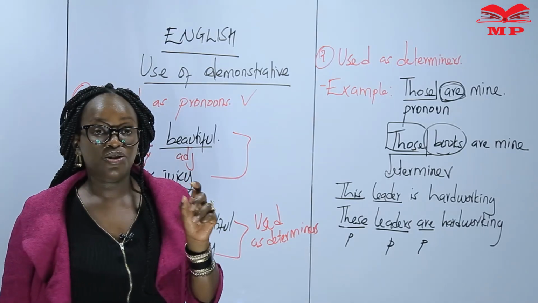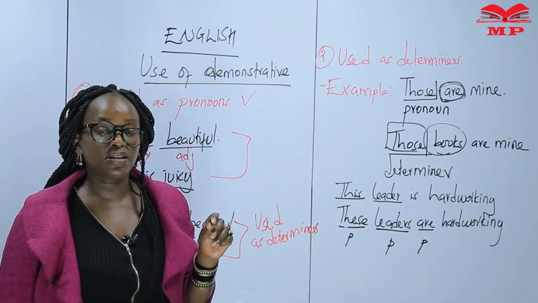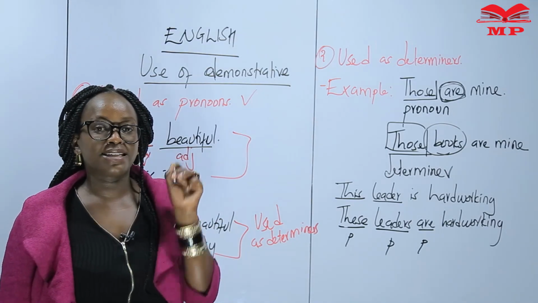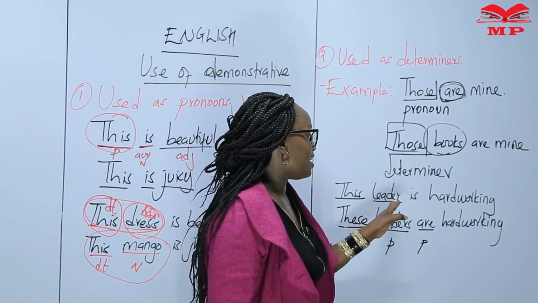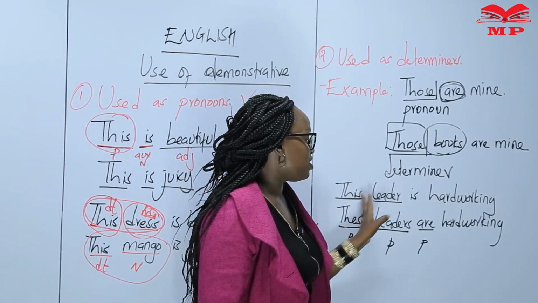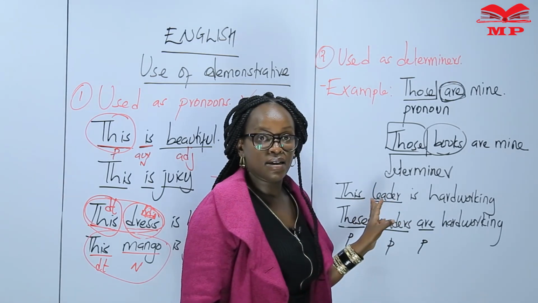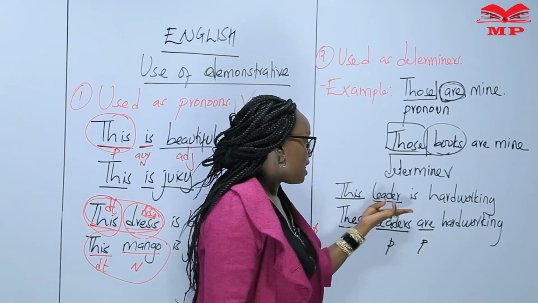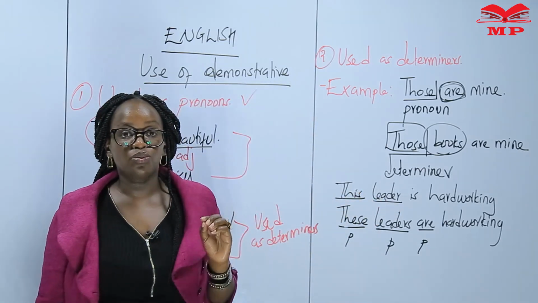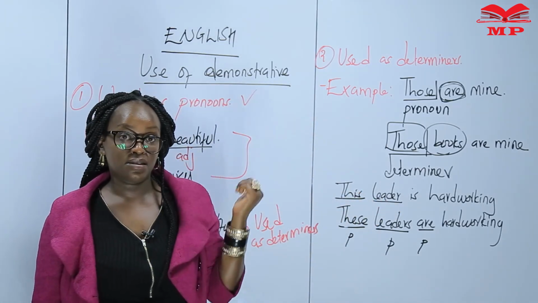For a demonstrative to be used as a determiner means it does not replace any noun in the sentence. Here, our main subject is the leader. The determiner here is not replacing leader. It is just there to introduce the noun phrase, this leader, or to demonstrate to us what particularly the speaker is talking about.